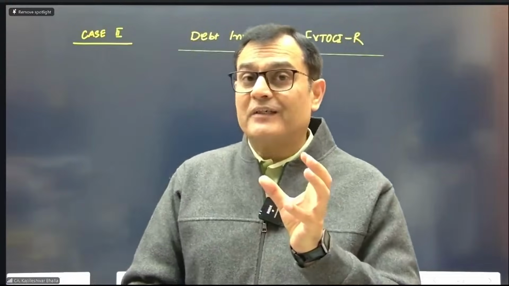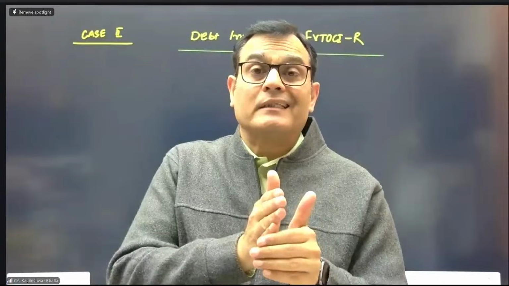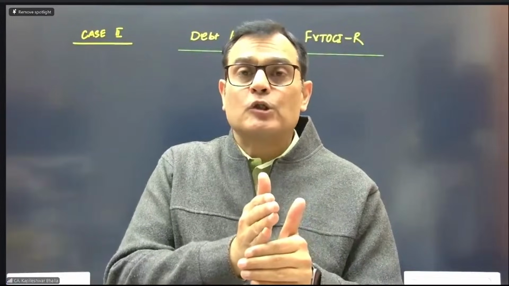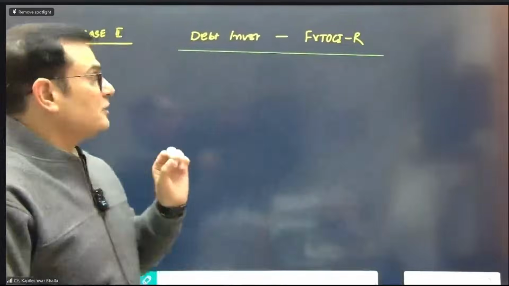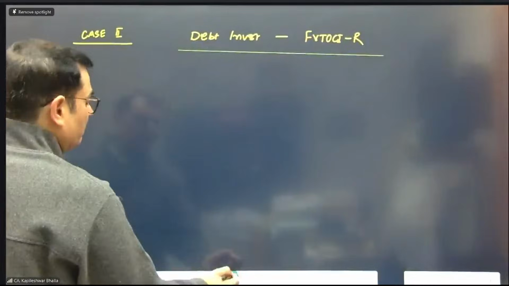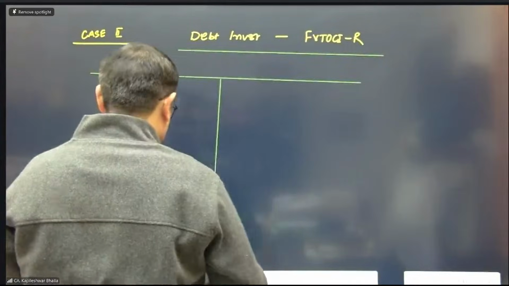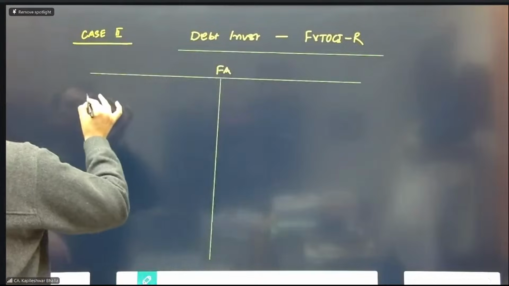The concept of effective interest earning is applicable only when it is debt investments at AC as well as OCI, that's it, not FVTPL. So even in this particular case, as we make a ledger account, the concept of EIR is going to be applicable. So let's see the financial assets.